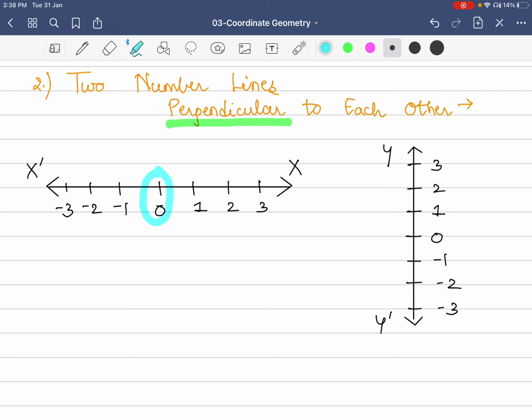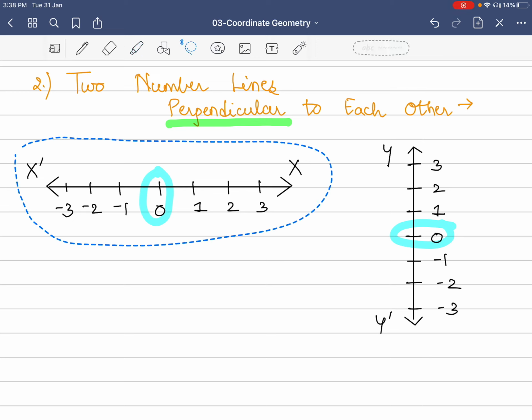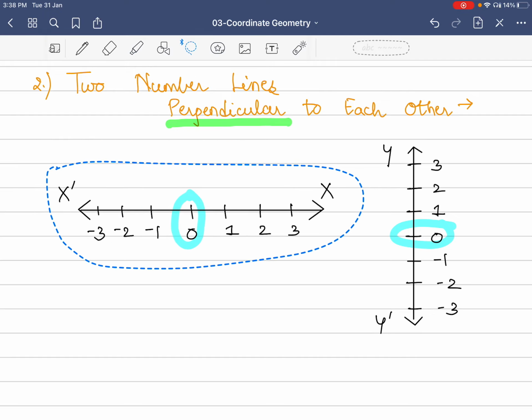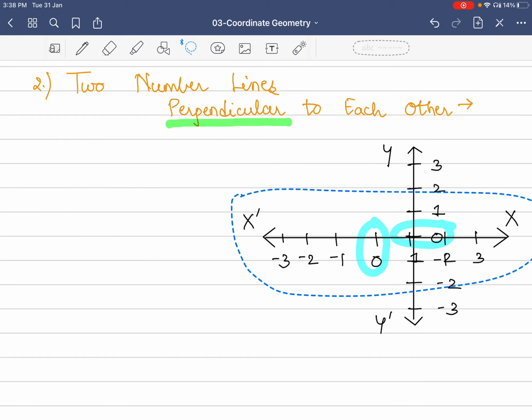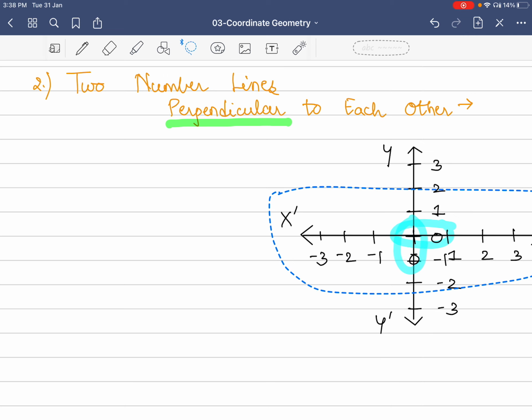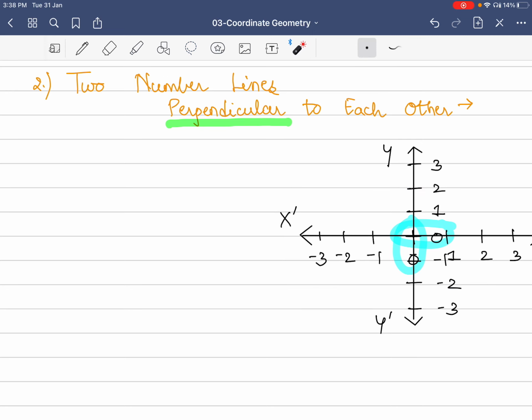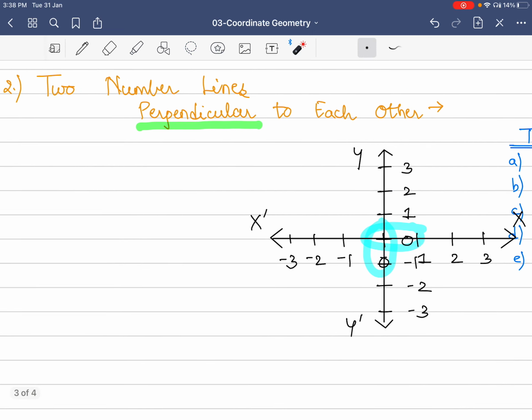So this 0 and this 0, they should intersect with each other. So let's see how we can do it. So what I'm going to do is I'm actually going to take this line and move it like this, and this is how these two zeros are going to intersect with each other.